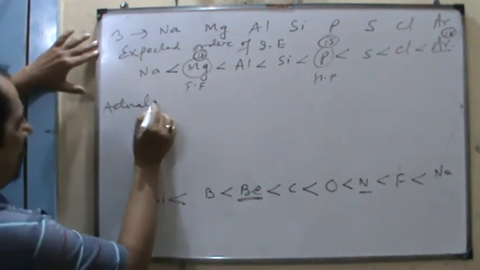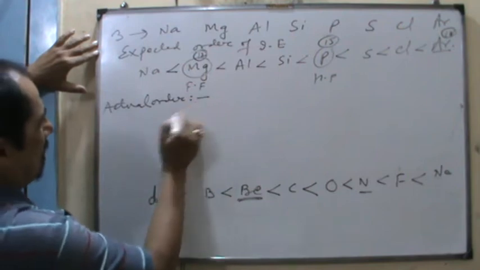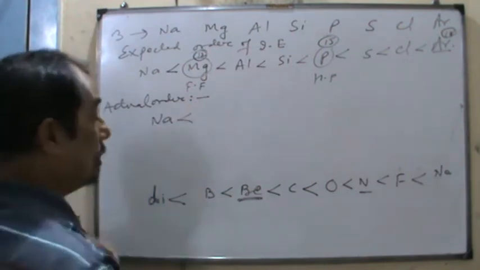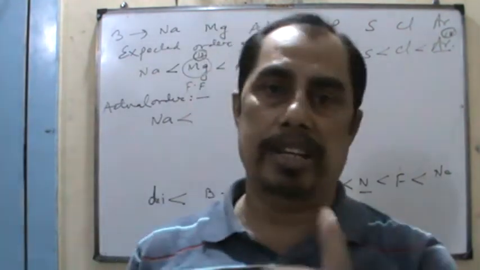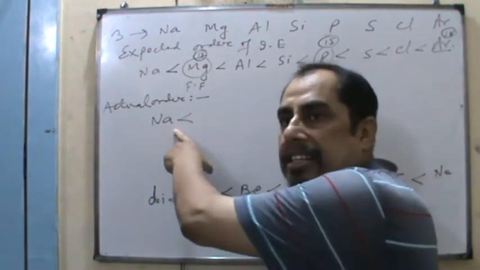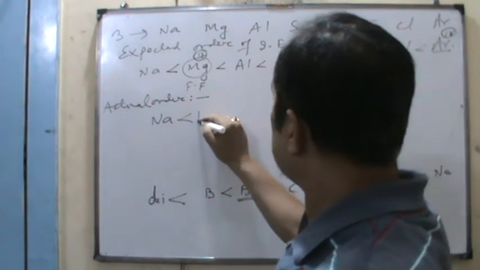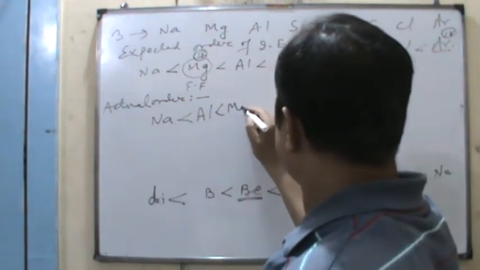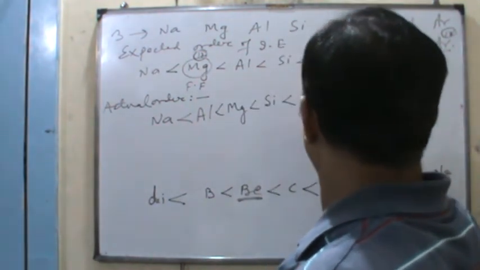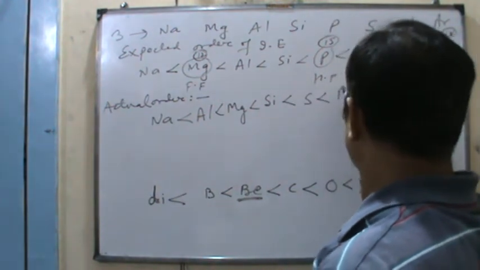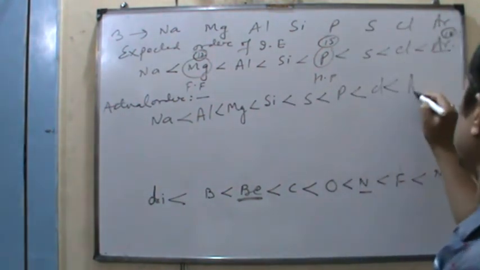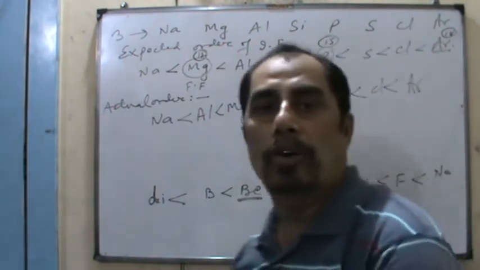Actual order is like this. No doubt sodium has the lowest ionization energy because of the greater size in its period. But you change here aluminum and then magnesium, silicon, then you write sulfur, then phosphorus, chlorine, and argon.